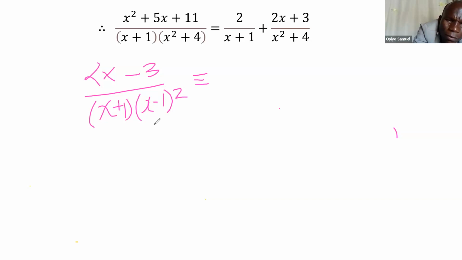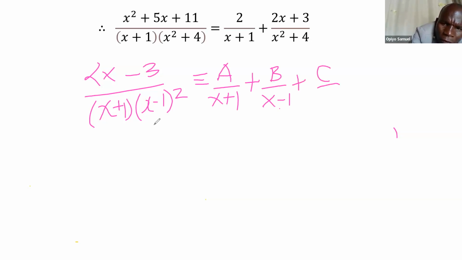So in this case, the first part is linear, it's going to be a out of x plus 1, plus this repeated factor, we shall have b over x minus 1 plus c out of x minus 1 squared. So that's where there is a repeated factor. That's what you do.